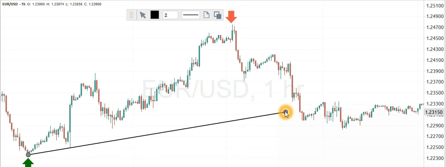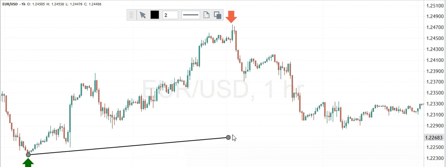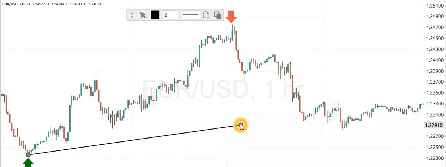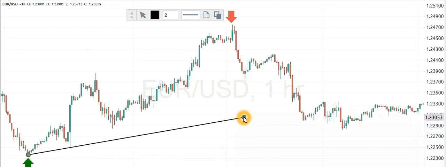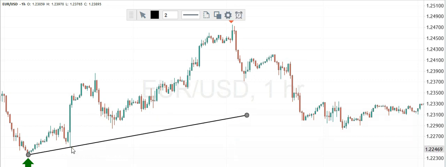We do not ever draw a trend line through the wick or through any candles. So I'll draw my trend line from here, extend it out, and slowly come up until the first candle it touches. It touches this candle right here, and this is where the trend line ends.